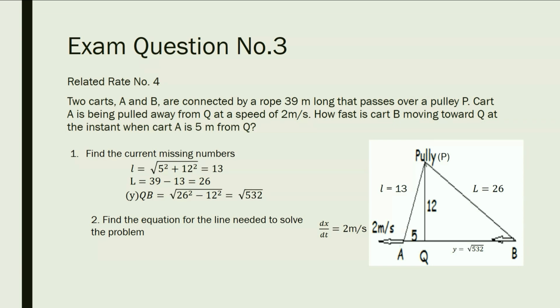Second, we need to find the equations for the lines needed to solve the problem. Those would be the equations for L and y. Then we can differentiate the first equation. When we differentiate it, it will come out as 2L times L prime equals 2x times x prime plus 0.